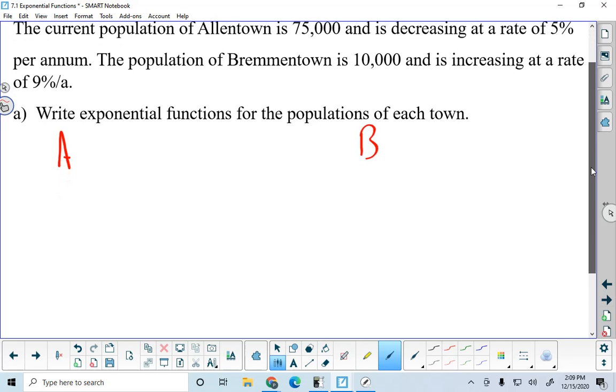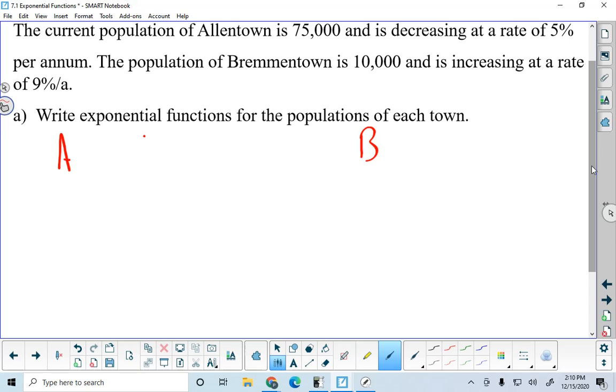So when you take a look at the graph for Allentown, we won't worry about what it looks like. What I'm interested in is the fact that Allentown starts off at 75,000. Well, and actually we can sketch in what it's going to look like. It's going to look like this, because the population is decreasing.